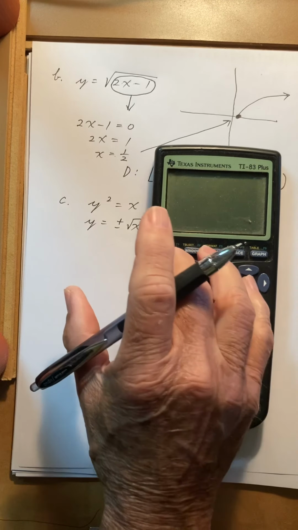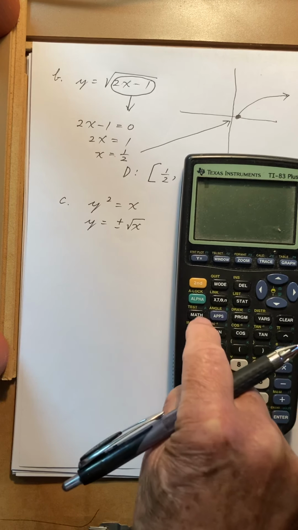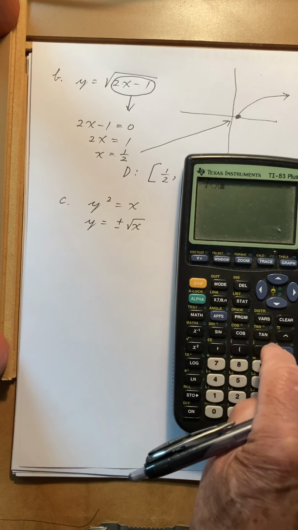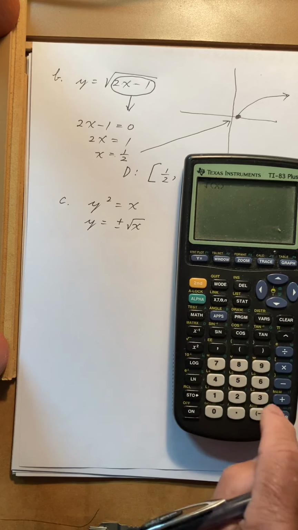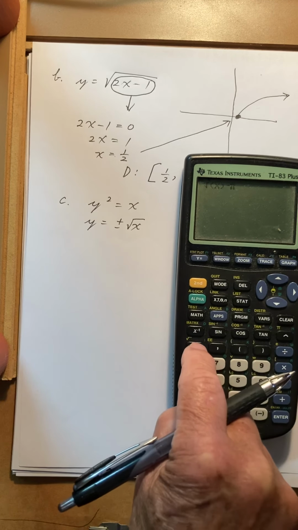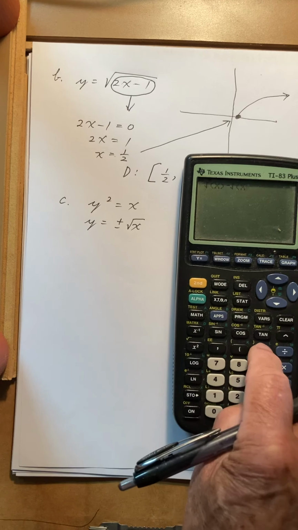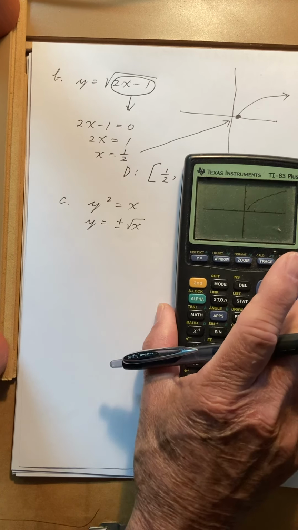Y equals plus the square root of x, so that's second square root x, close your parentheses, and then come down to y2 and do negative second square root of x and close the parentheses, and then hit the graph button and you'll get this shape.